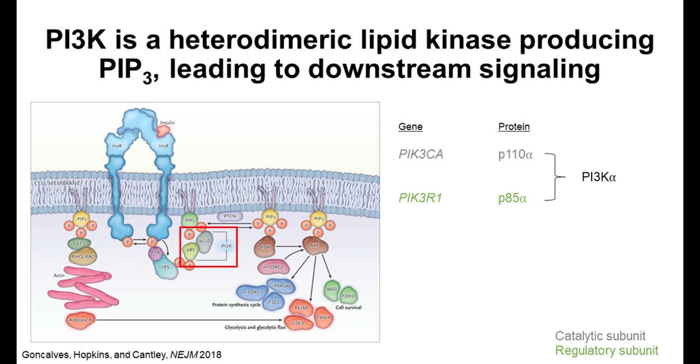Now, PIP3 is a potent second messenger molecule that sits at the cell membrane and recruits a variety of proteins to the cell membrane, most notably AKT. AKT is a protein kinase that leads to the phosphorylation of many downstream substrates that are important and necessary for a variety of cellular functions, including protein synthesis, metabolism, such as glycolysis, and cell survival.